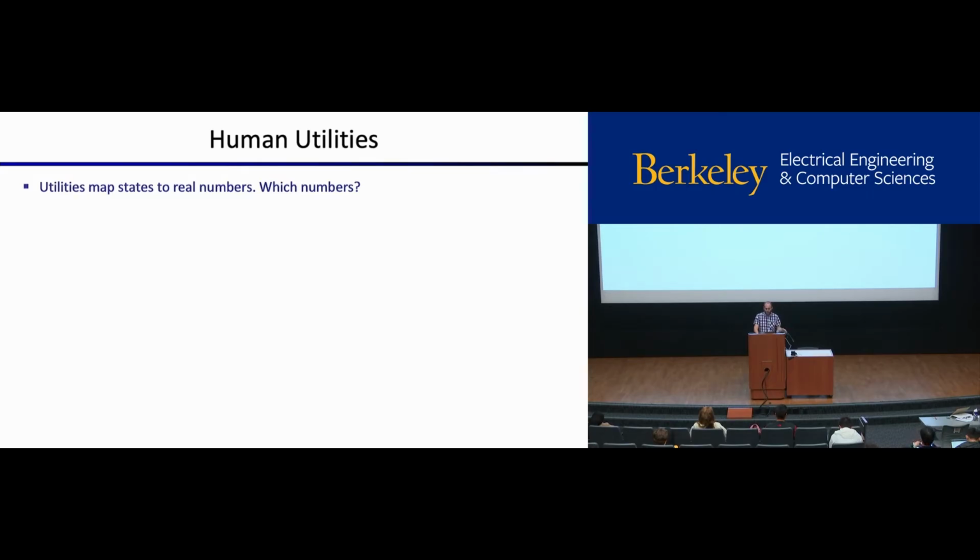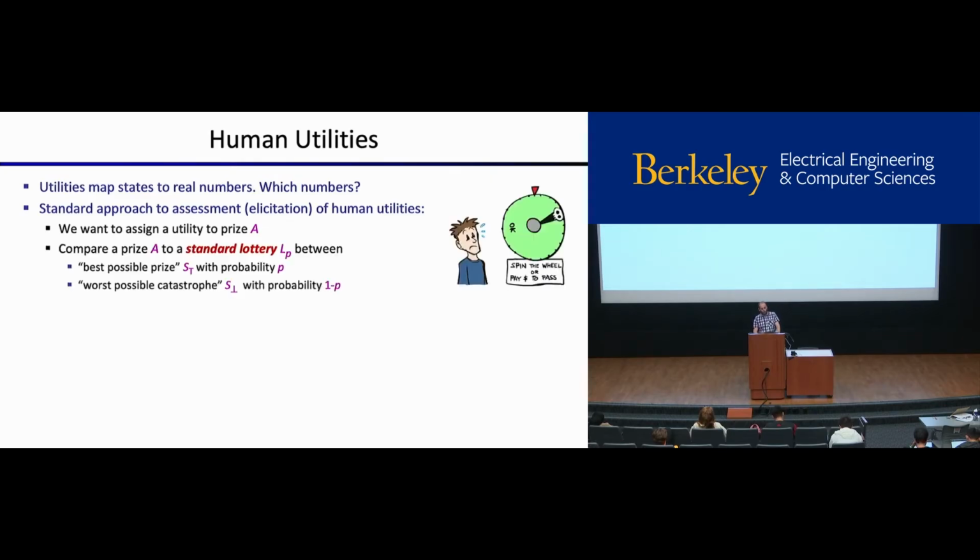Okay, so what numbers are these utilities? They map states to real numbers, or they map lifetimes to real numbers, if you prefer. The standard approach to assessing or eliciting human utilities is as follows.